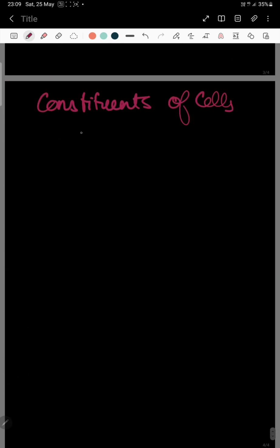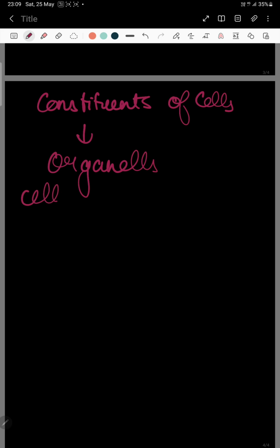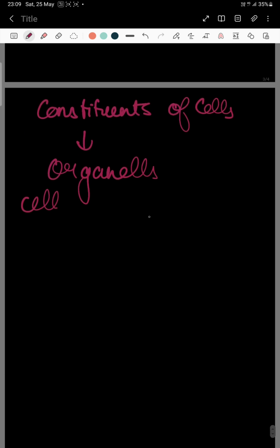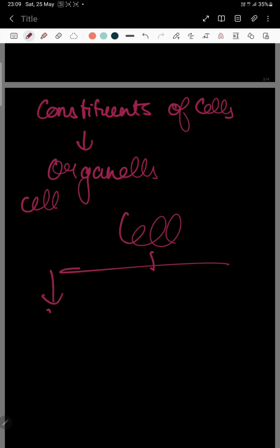The constituents of cells are called the organelles, the cell organelles of a cell. I'm going to tell you one thing. Cell is the structural, fundamental and functional unit of life.